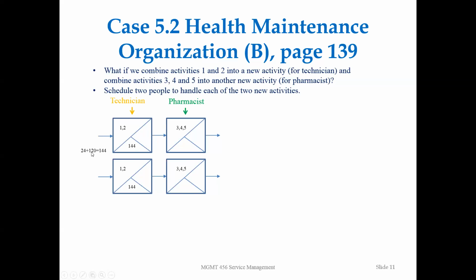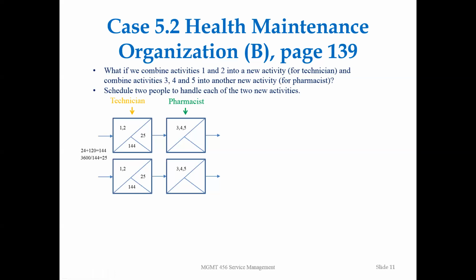Cycle time for 2 is 120. We add these 2 numbers, we get 144. So 144 is the cycle time for the new activity 1 and 2. So what's the capacity? New capacity is 3600 divided by cycle time 144, we have 25. That is the new capacity for this new activity.